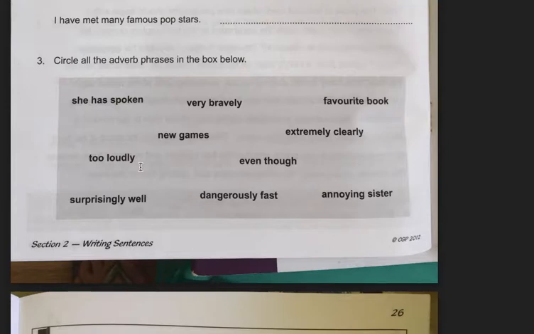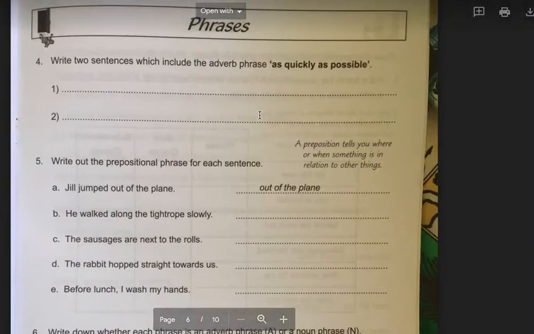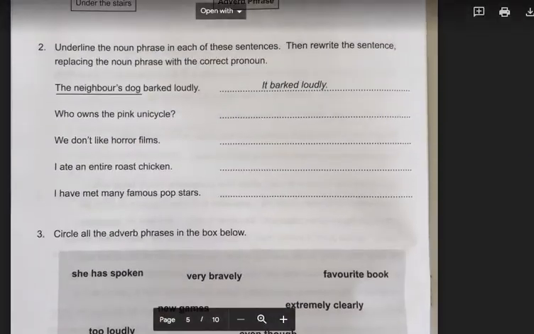Yeah, so you want adverbial phrases. Here's some adverbial phrases. She has spoken, link it with very bravely, too loudly, dangerously fast, surprisingly well. So she has spoken too loudly, extremely clearly. So those are adverbial phrases basically that make a sentence more interesting. Okay, so we'll just put that here.